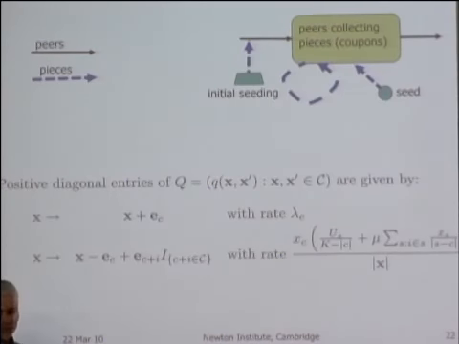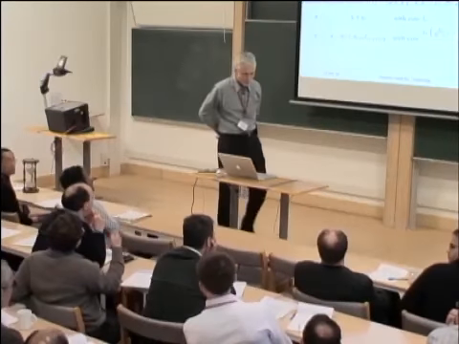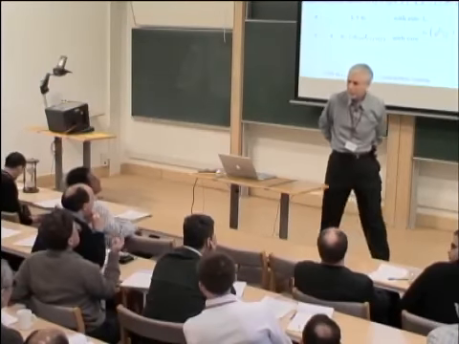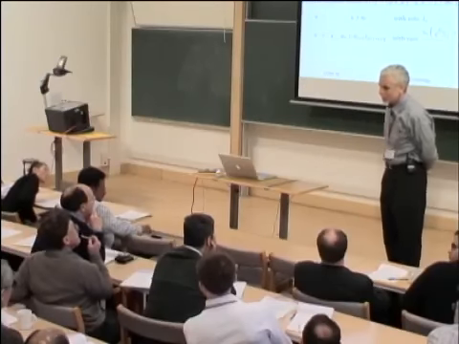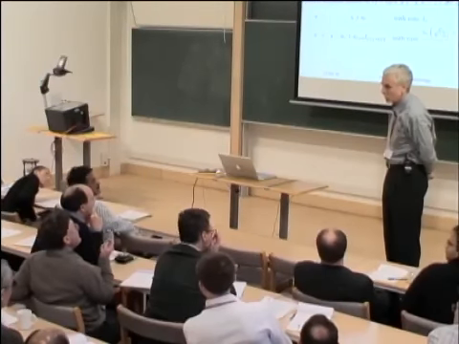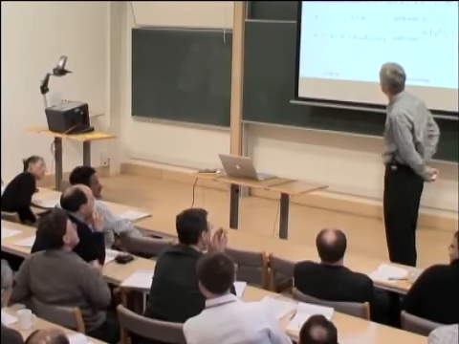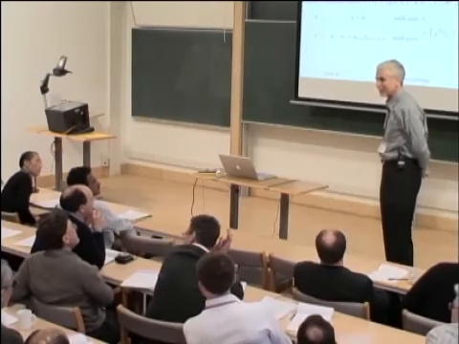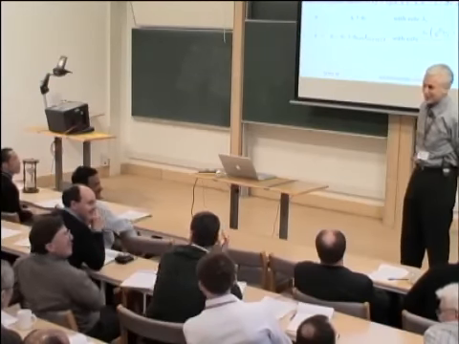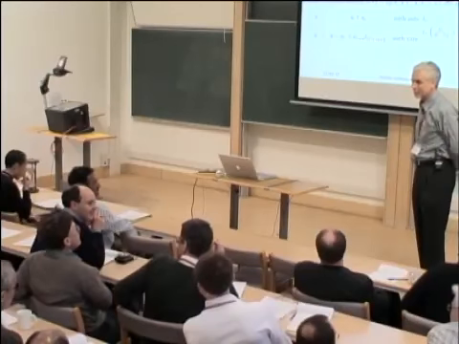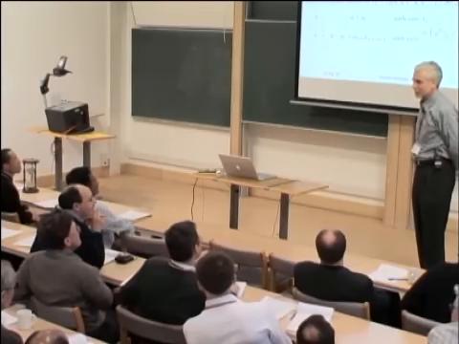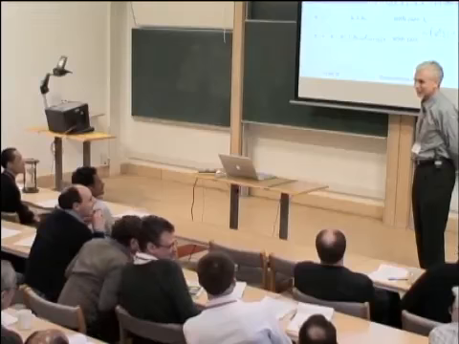Question: What is the distribution of the time in the system before a peer collects the whole collection? That's a good question. It's not part of the model. It's a complicated question.